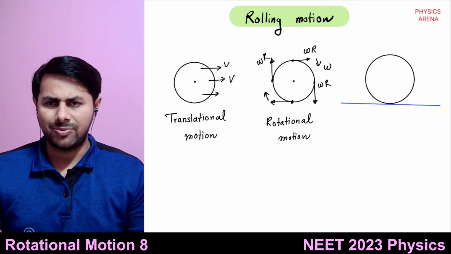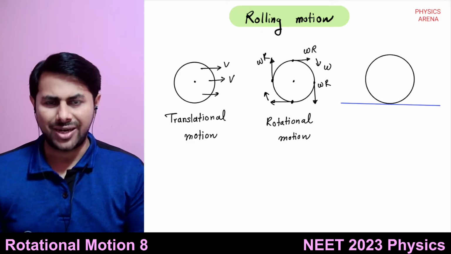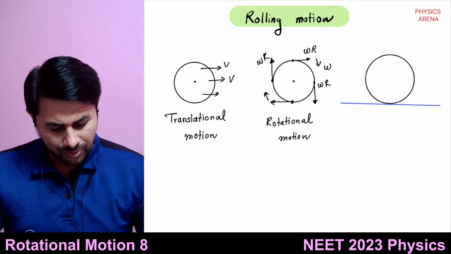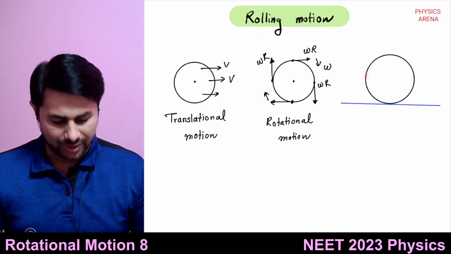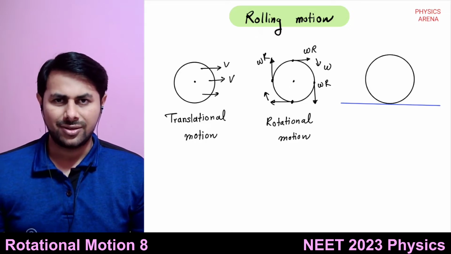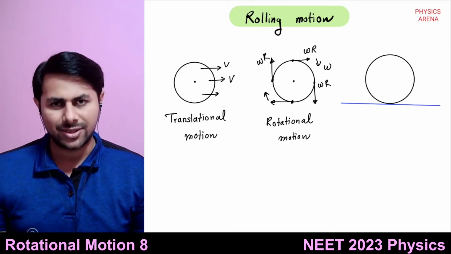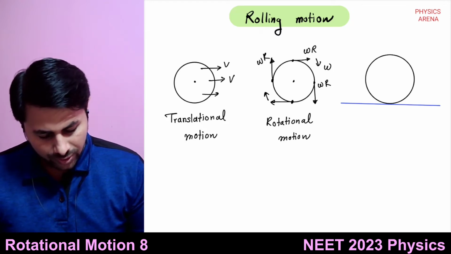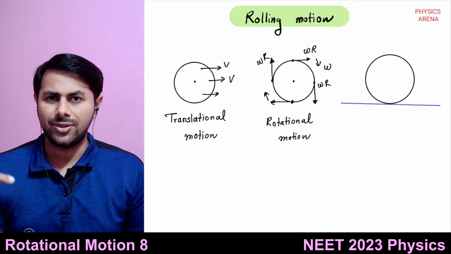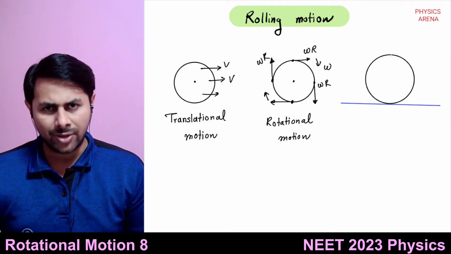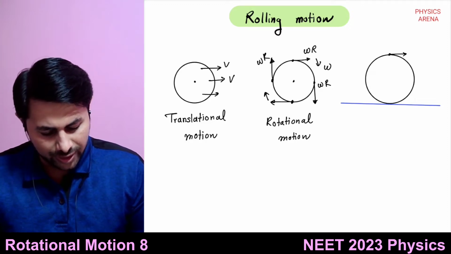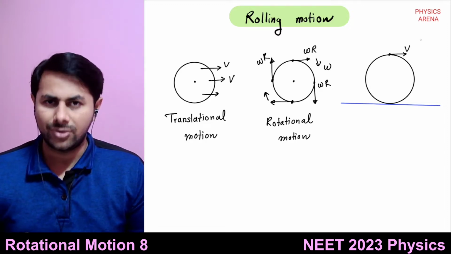We know that rolling motion is a combination of translational and rotational motion. So any particle within this body is performing two kinds of motion, one translational, one rotational. So the particle over here will have velocities due to those two motions. One is due to translational motion, it's v, and one is due to rotational motion.